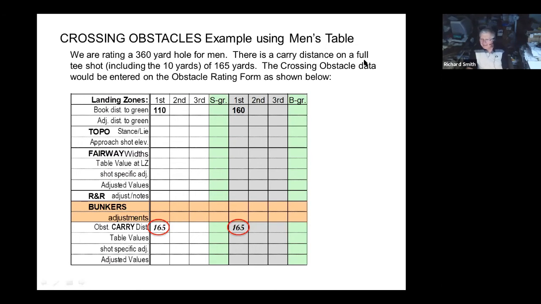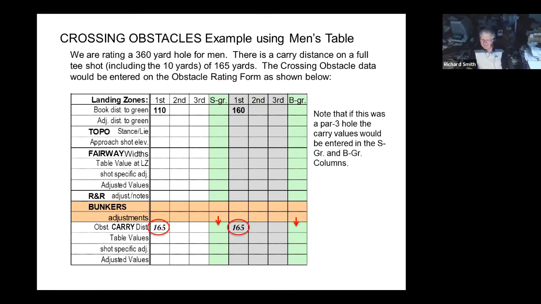There's a carry distance on a full tee shot, including the 10, of 165. So crossing obstacle data would be entered on the form like this. And of course, both scratch and bogey have to hit the same tee shot from the same place, and so their safe carries will be the same in terms of the distance.